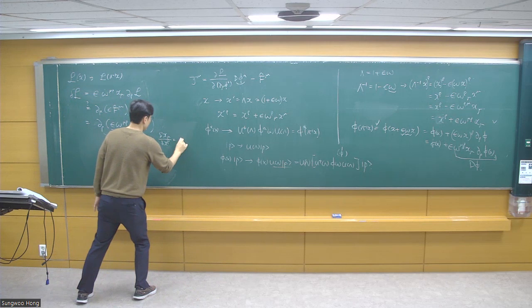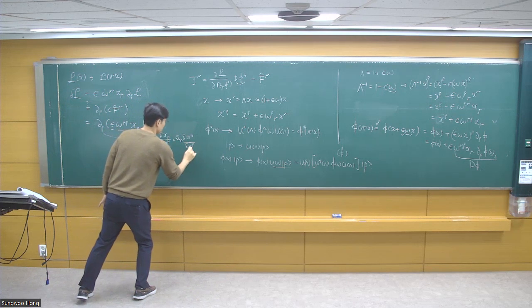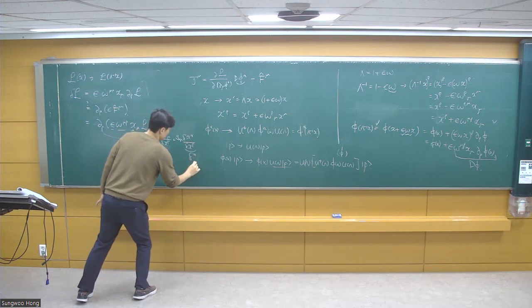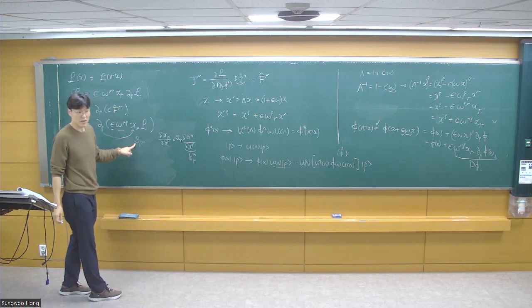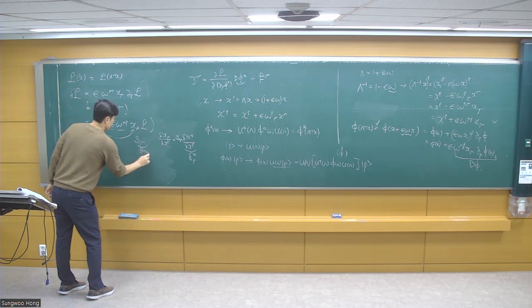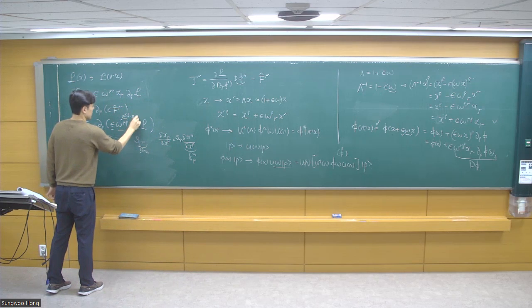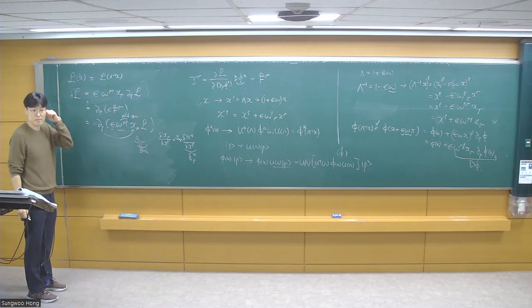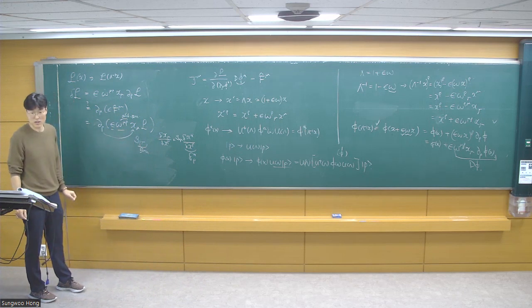Or you can just write it as x alpha g alpha mu rho, that is delta alpha rho, and then you contract, you get this metric. All right? So now this is symmetric, and that thing is antisymmetric. So that's 0. Okay? The contraction of antisymmetric and symmetric tensors vanishes.